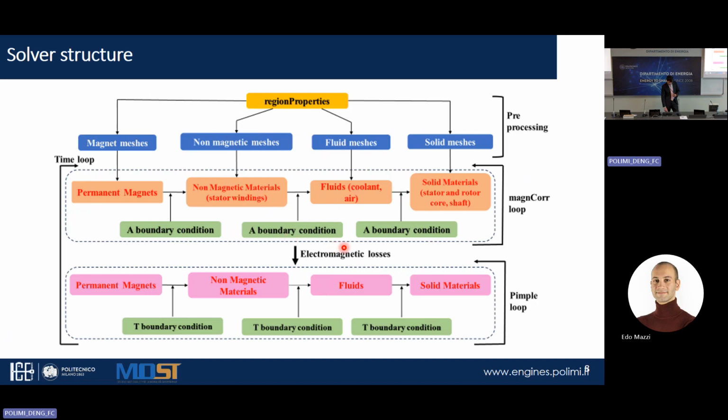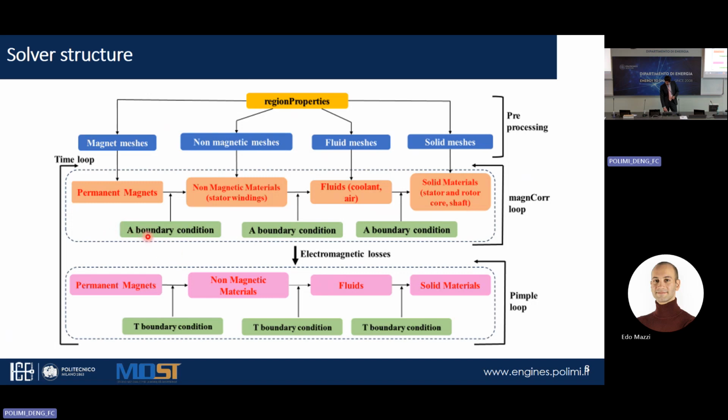So we have at every time step, after some initialization of the properties, because the residual magnetization must be imposed, the solution of the electromagnetic equation for the permanent magnets, for the non-magnetic materials, for the fluid, and also for the solid material.